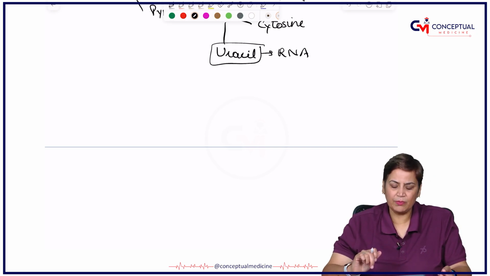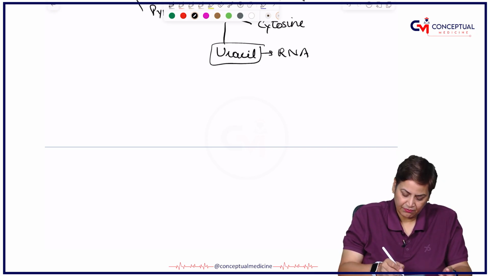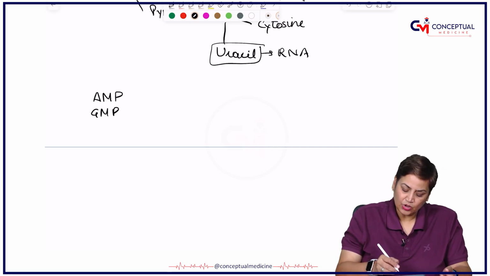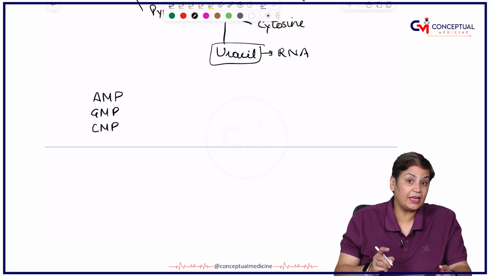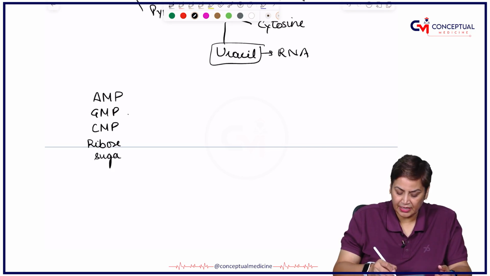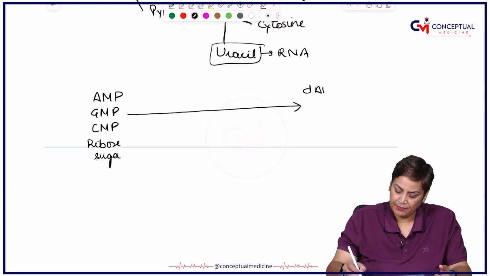Now here what we have to remember is, purines are actually forming AMP or GMP, or you can say CMP, means the sugar in them is ribose sugar. So this ribose sugar has to be converted into deoxyribose sugar, where we can say dAMP will be there, dGMP will be there, and dCMP will be there.